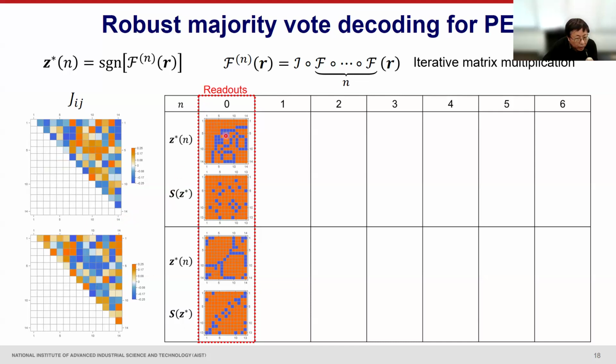Matrices for n equals 0 indicate error patterns of readout states, and its associated weight for syndrome pattern. This one.